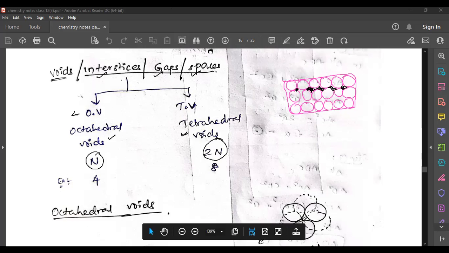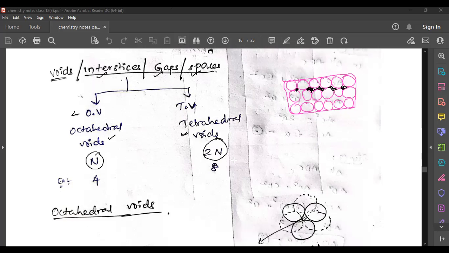Okay. So the n value is the number of voids forming in the given solid, where n is the number of atoms in the given sphere or the given solid.